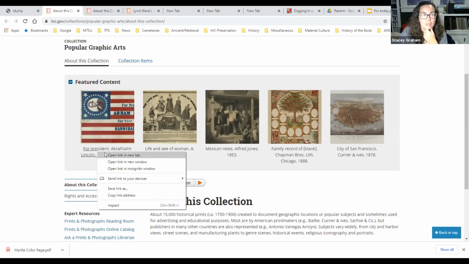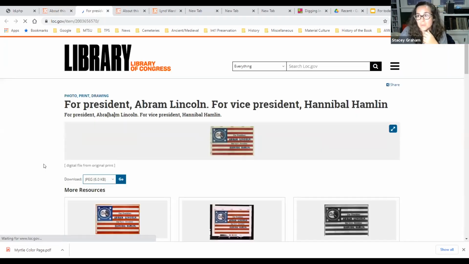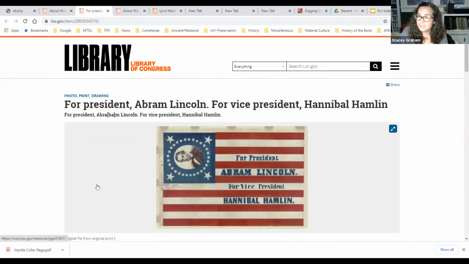This one is really fun. It's a campaign poster for Abraham Lincoln and his vice president, Hannibal Hamlin. And I loved that sometimes I have this problem when I'm trying to insert an image into a Word doc, it comes out sideways. So you can see that happened for them too.